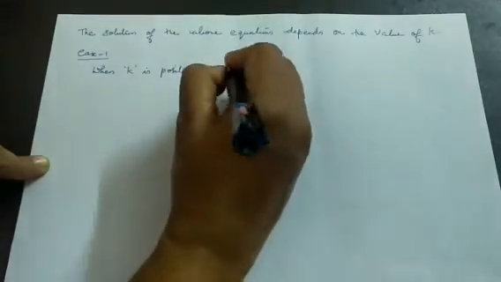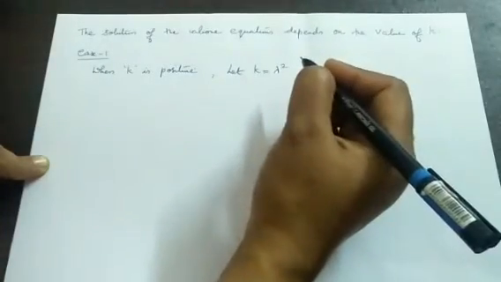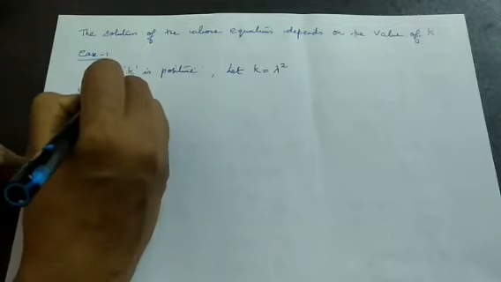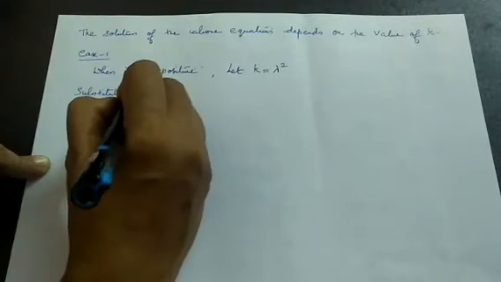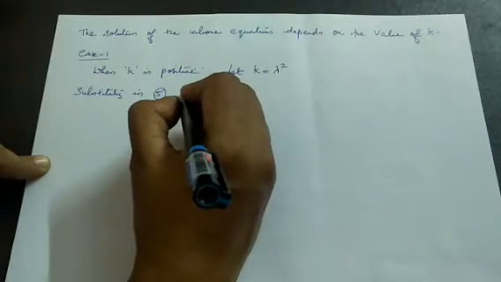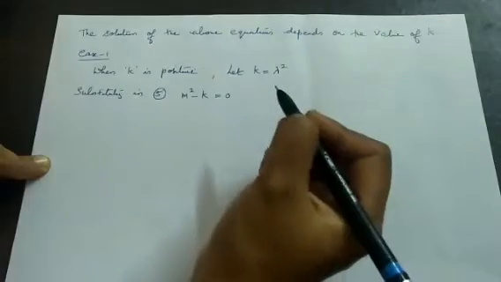Take k as, let k is equal to lambda square. Now substituting in equation number 5, equation number 5 is m square minus k equal to 0.